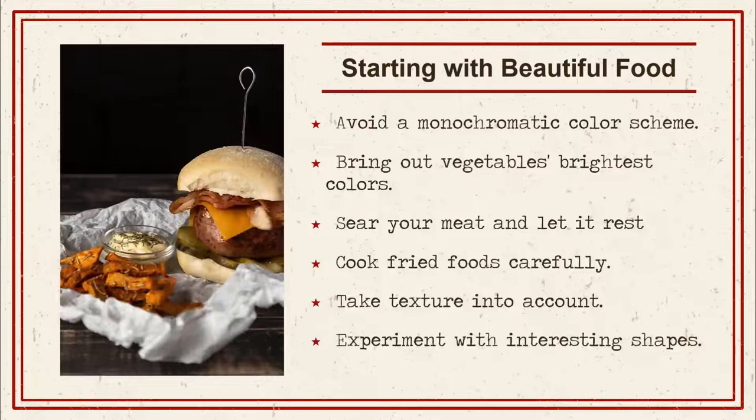Next, cook fried foods carefully because we don't want any uncooked fried foods. Next, take texture into account. We can play with crisp, to smooth, to firm, or to somewhat mushy in texture. And lastly, experiment with interesting shapes.